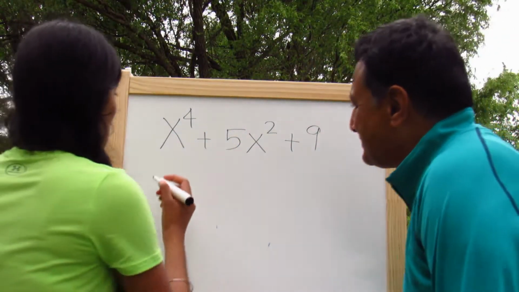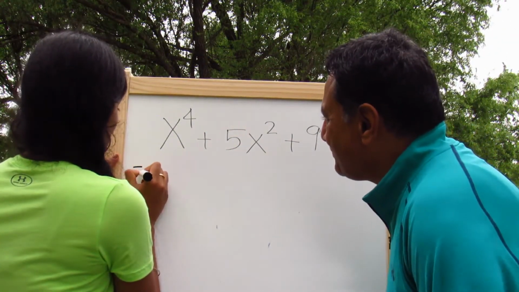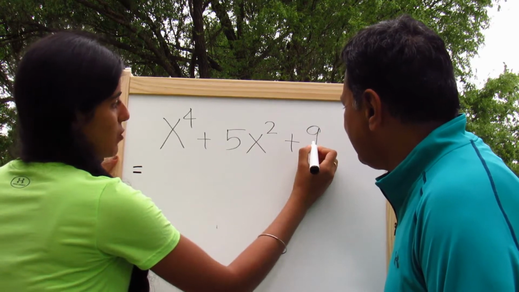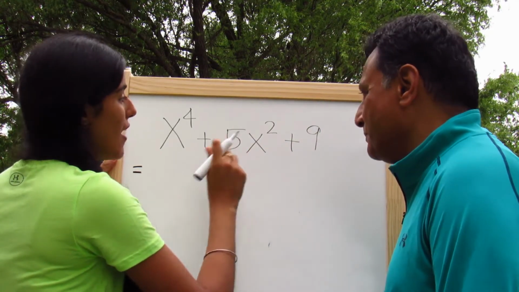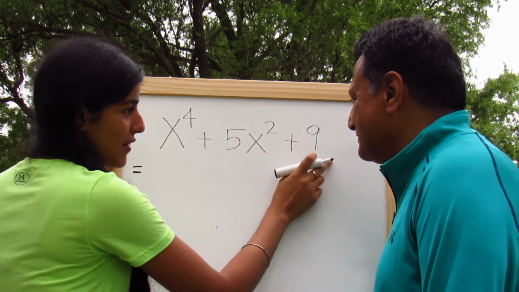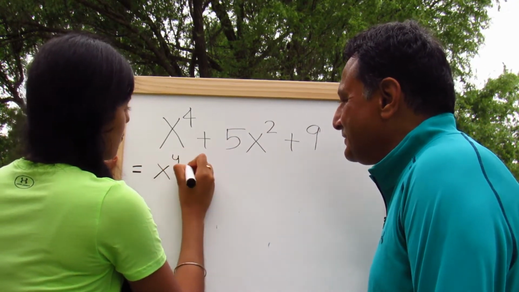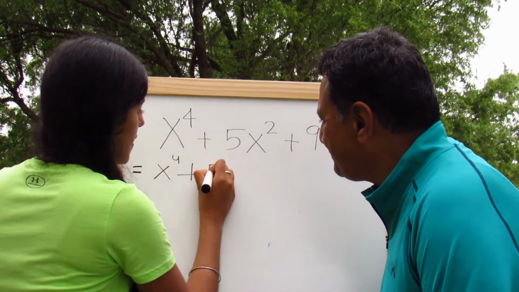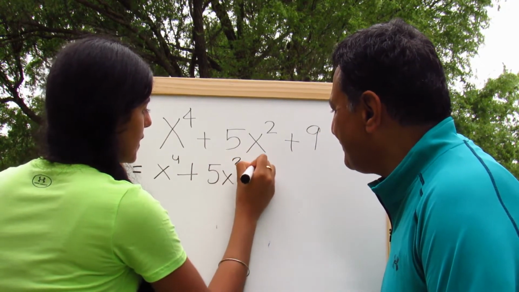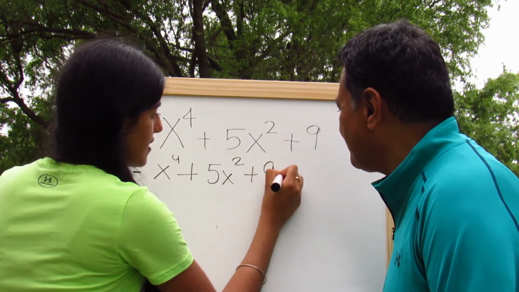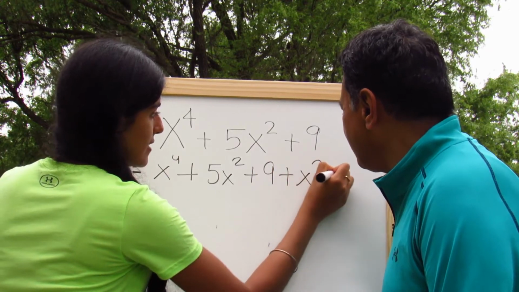What you can do is that this is the same as 3 squared. So 3 times 2 is 6, but you got 5. So you can add an x squared to make it 6. So basically you could have x to the power of 4 plus 5x squared plus 9 plus x squared minus x squared.